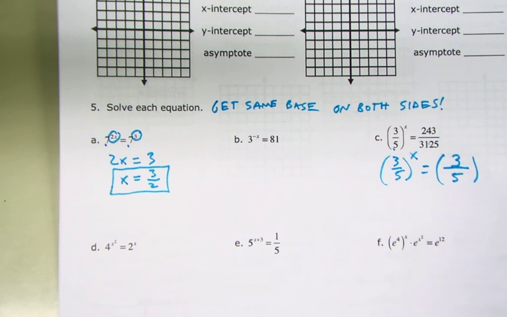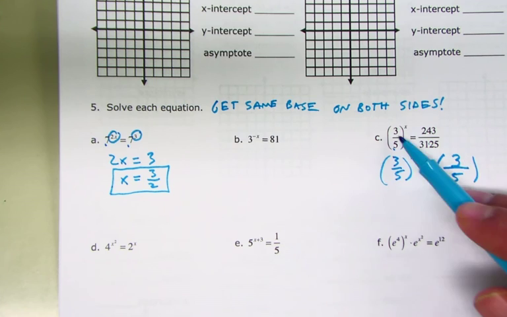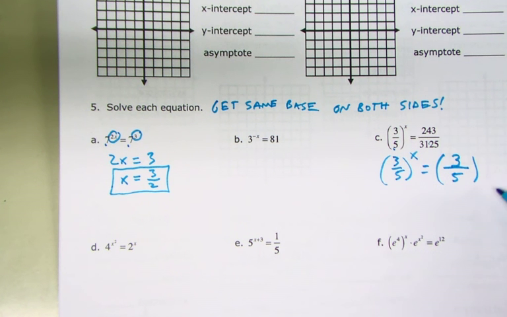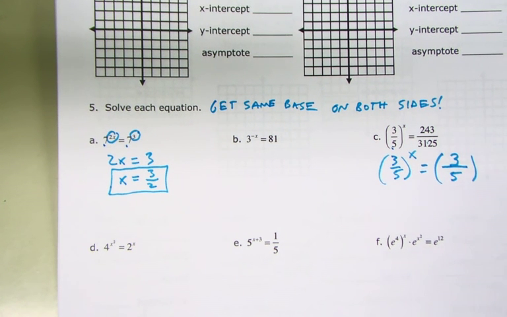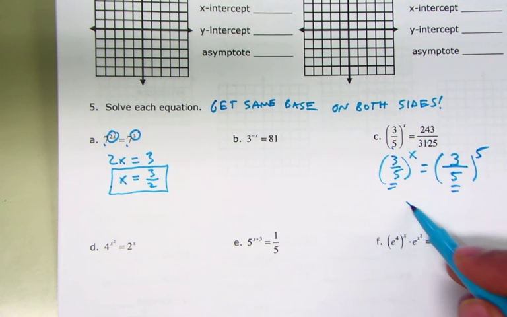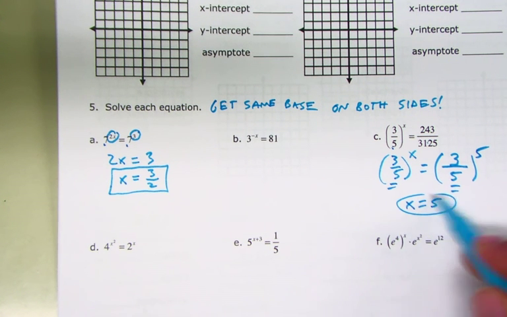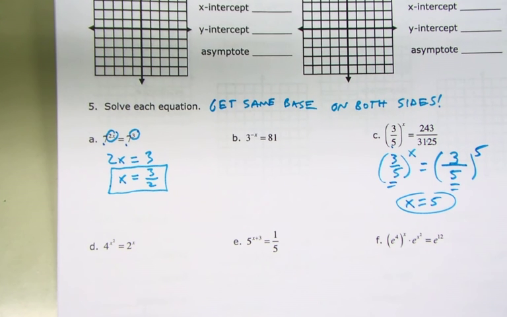With a calculator, you could just guess and check what exponent I would use here so that 3 and 5 both become 243 and 3125. To the 5th? Okay? And so now that we have the same base, what does x have to be? x has to be equal to 5. Does that make sense? Okay?